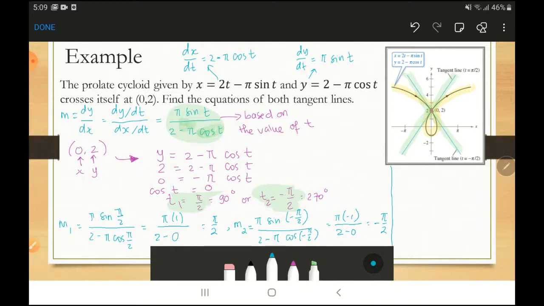So for the first equation, we will use the general form of a line, y minus y1 equals m times x minus x1.